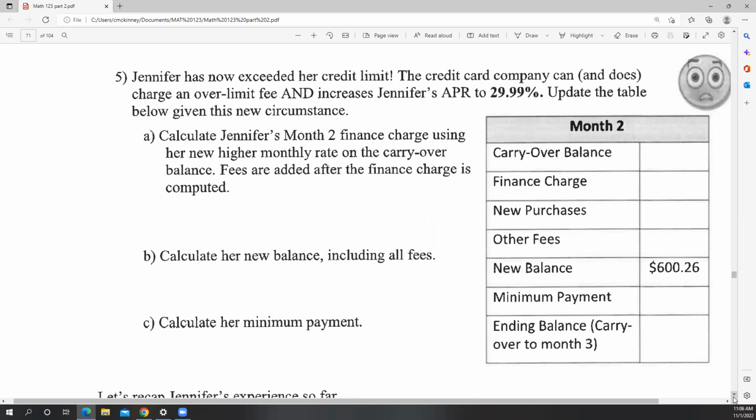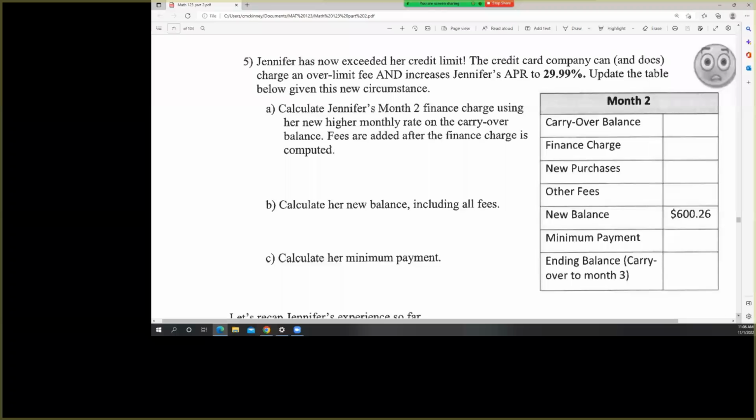So she's carrying over from the month before 157.33. And now we need to find out her finance charge. The finance charge only based on that purchase. On the 400. Only on the carryover balance.